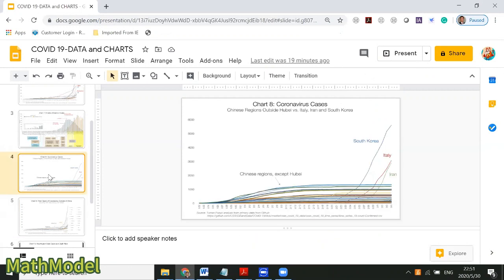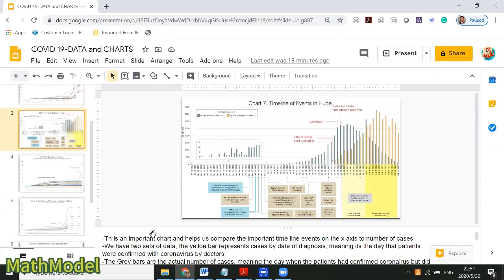No, I mean the third slide. The third slide. Okay. So the question in the chat was, why is February 1st of 2020 so high? February 1st? Yeah.